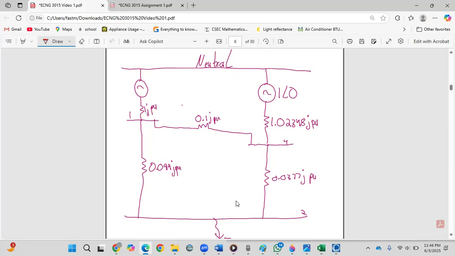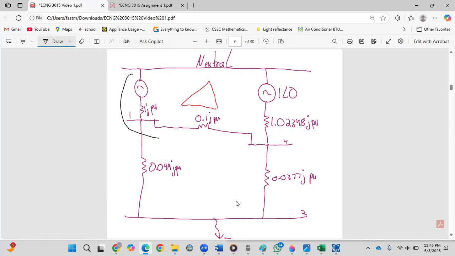So you have this pattern going on top with the two generators and then this 0.1 at the bottom. So we want to convert this. For now I'll use the top piece, converting this top piece from the delta to the star.